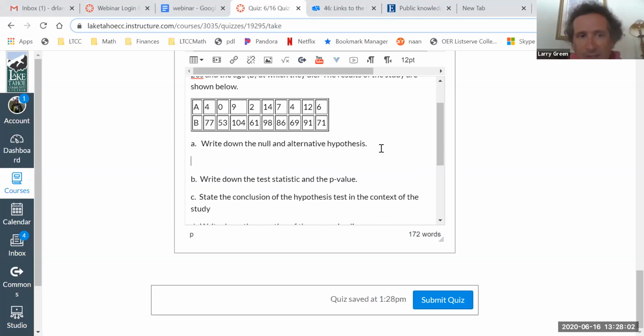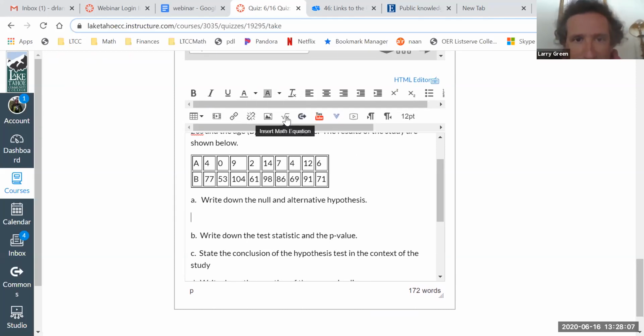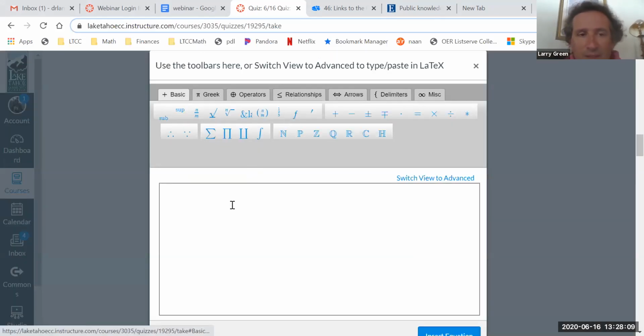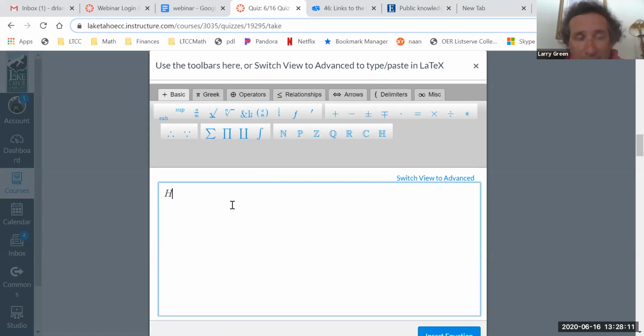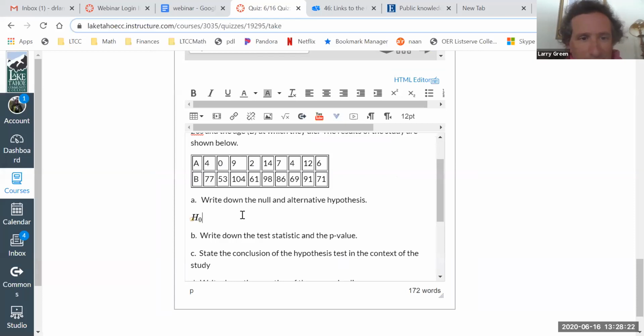I'm gonna make it pretty and use an equation editor. So we have H naught. You can't do a colon, so I have to insert. It's kind of a pain. Then I do the colon, and then I do a new equation.